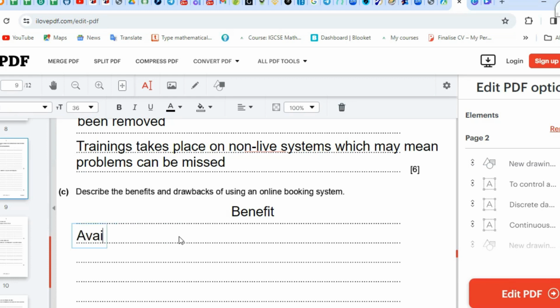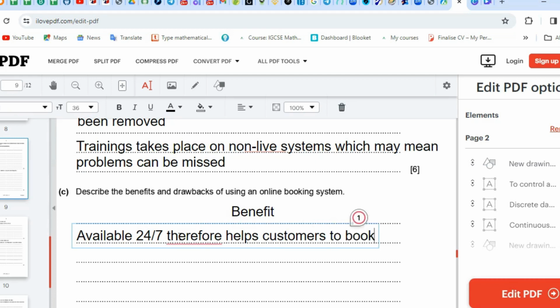Available 24/7. Therefore it helps customers to book when they want.